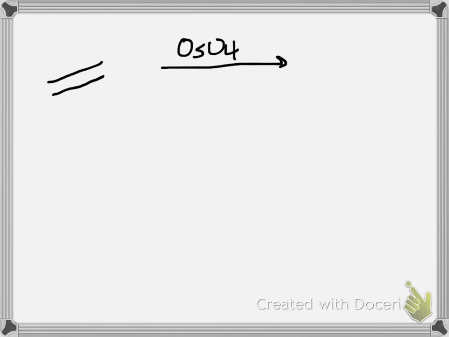Osmium tetroxide, which is what this compound is, is a very toxic compound. But you can carry out this reaction catalytically if you put in another compound called NMO, which stands for N-methylmorpholine N-oxide, which you don't need to know the structure of.